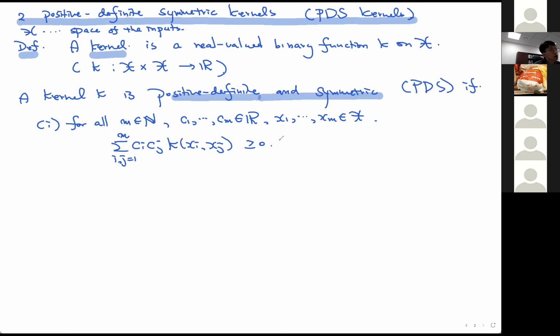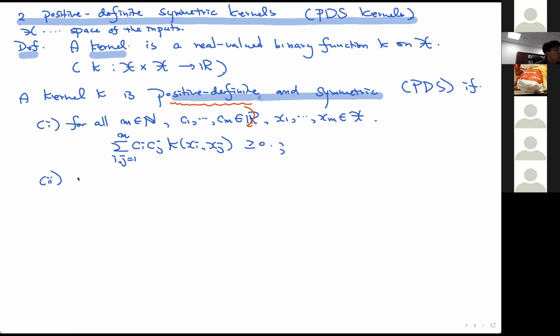So that's the first property, and it is related to positive definiteness. Positive definiteness refers to this condition. The second property is symmetry, which is quite obvious.